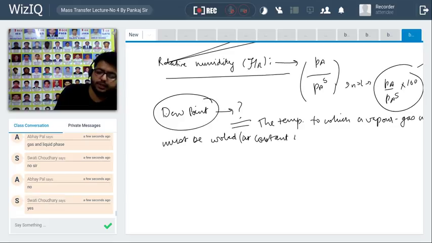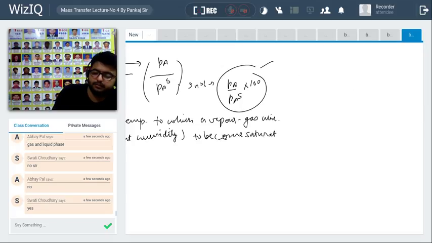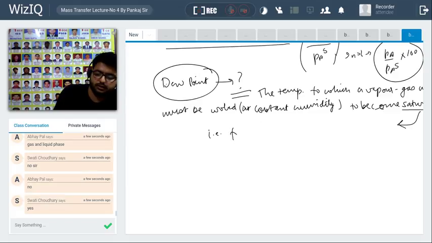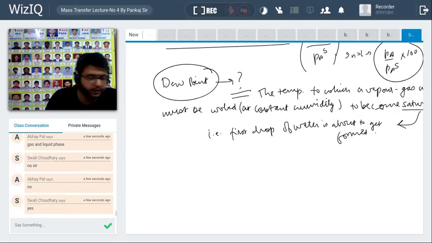You can't change humidity. You need to cool it without changing the humidity to become saturated. Saturated means what? That is, the first drop of water is about to get formed. So this is known as the dew point.